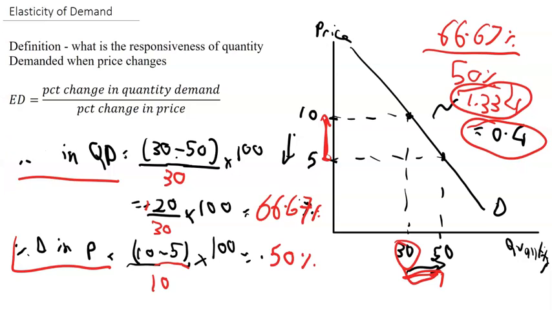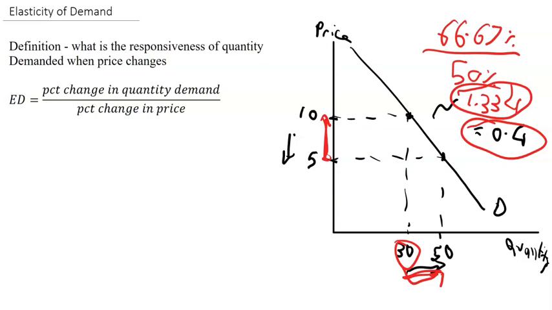So in the midpoint method, let's say in our case we're moving from 30 to 50. The percentage change in quantity, the numerator stays the same, 50 minus 30.